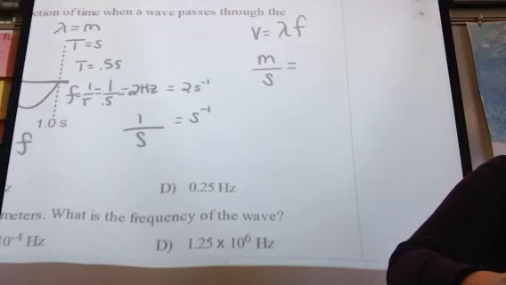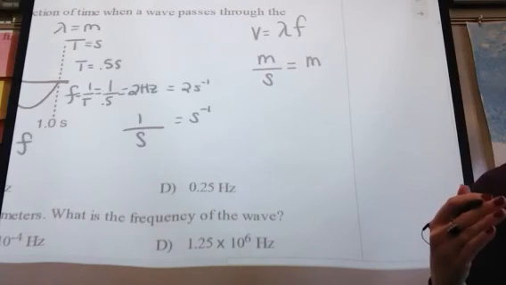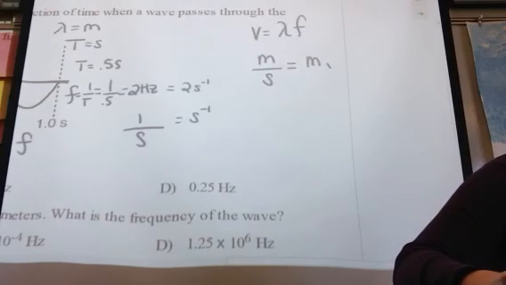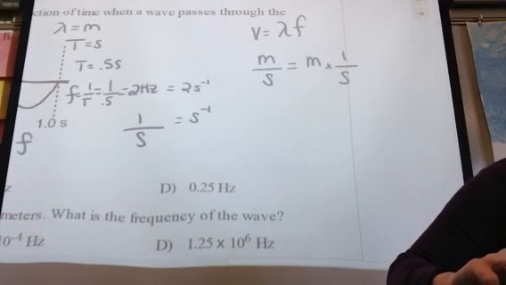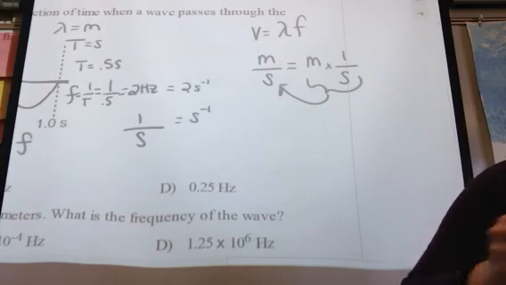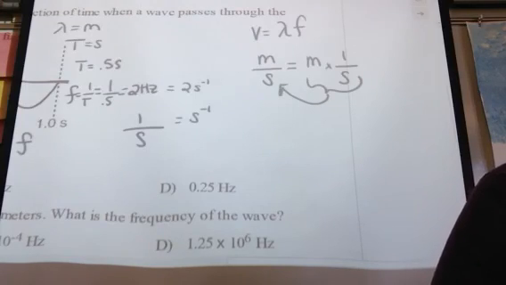We know that the units for wavelength are in meters because it's how long it is. We know that the units for frequency are hertz, which is 1 over seconds. So if I multiply meters times 1 over seconds, I get meters per second. Okay?